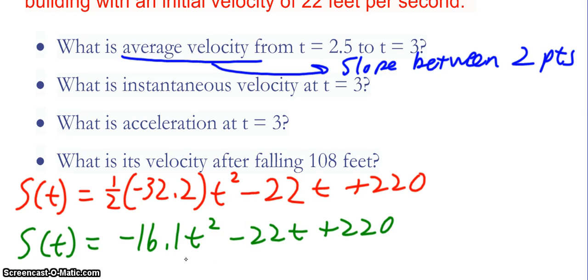So if I find the slope between 2 points, that's my rate of change from the one point to the other, which would then be my velocity. This is why it's important to understand that slope and rate of change are somewhat interchangeable as far as what they represent. Instantaneous velocity, that's going to be my derivative.